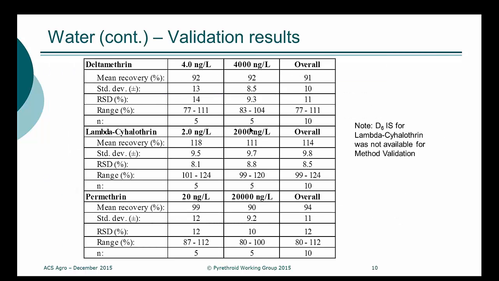So what I'd like to show you here is a couple of the net results for deltamethrin, lambda-cyhalothrin, and permethrin. As I noted earlier, the D6 was not available for validation. The recovery for the deltamethrin was 91 on average. The permethrin was 94 on average. However, the lambda-cyhalothrin was higher at 114.